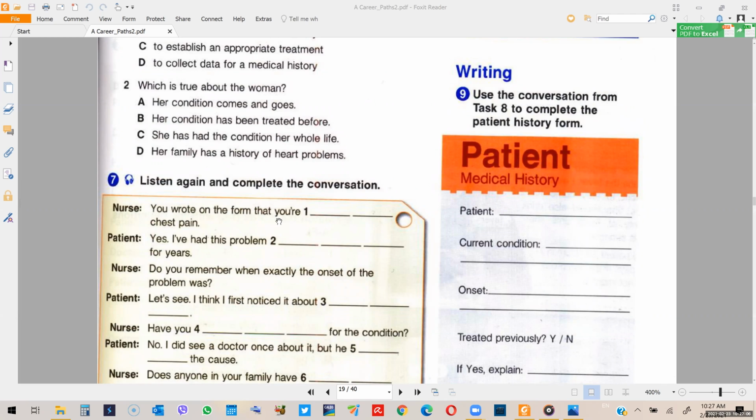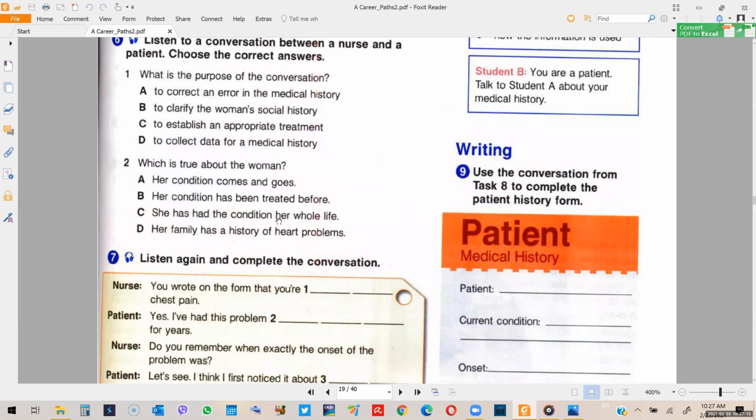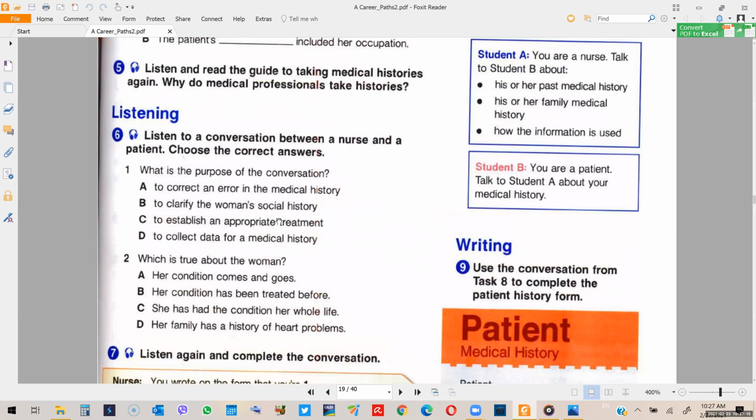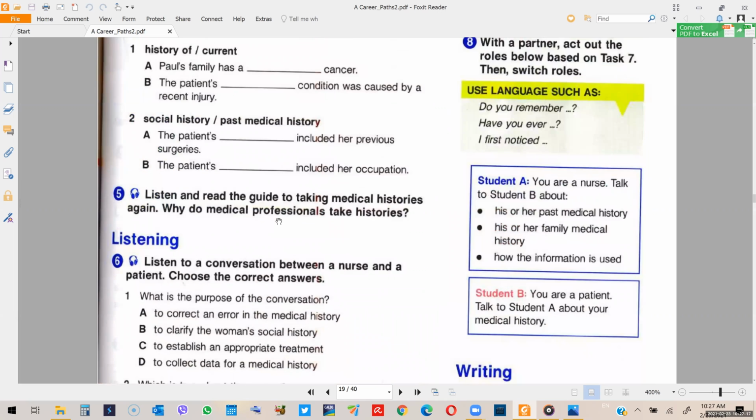Then after that, the doctor himself or herself checks the patient. So the nurse asks the questions.